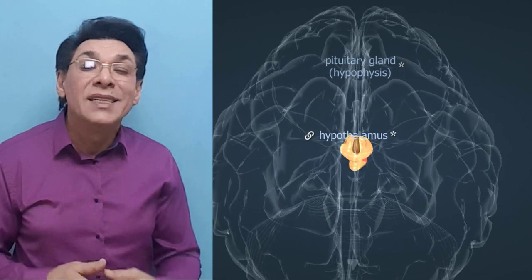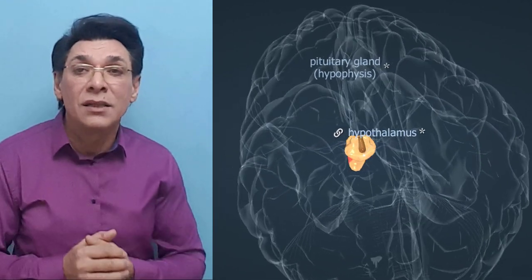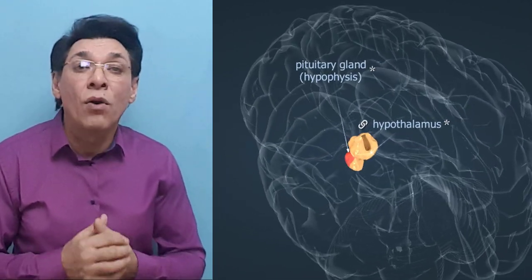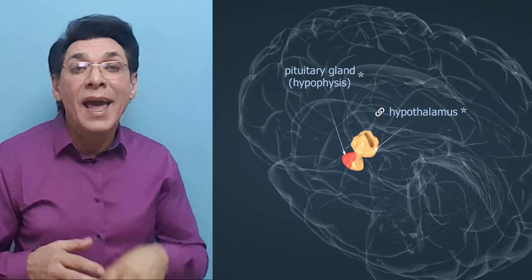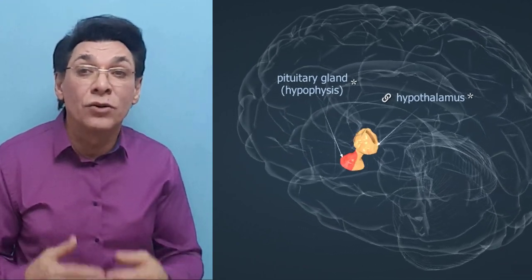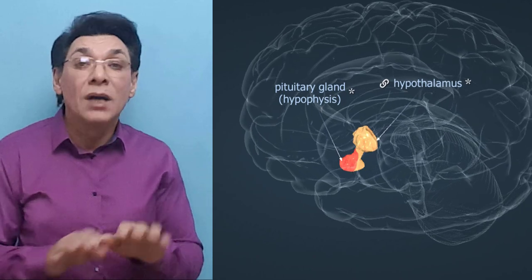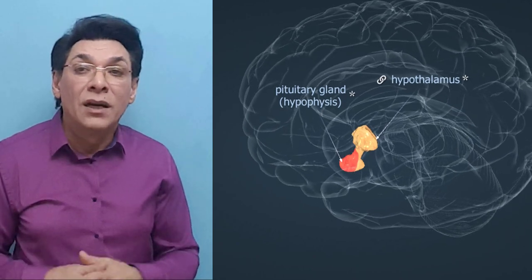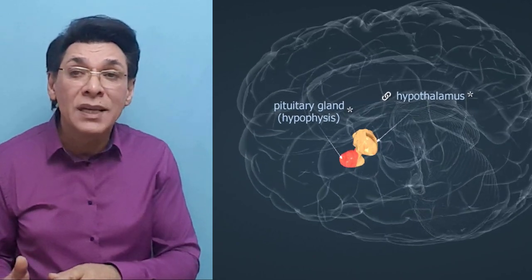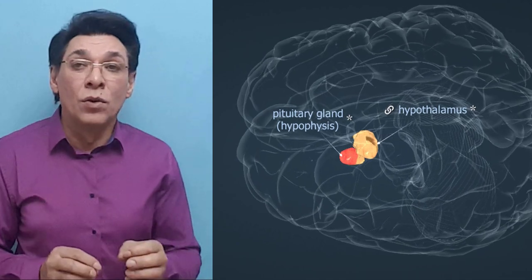Second way, it secretes two classes of regulatory hormones to control anterior pituitary secretions, which will control other glands: releasing hormones and inhibiting hormones.